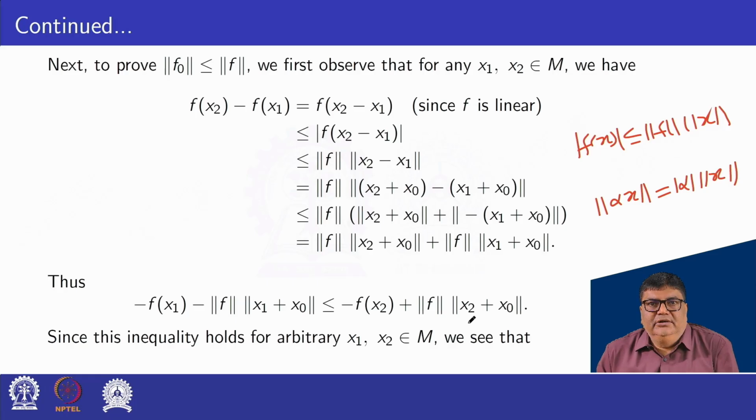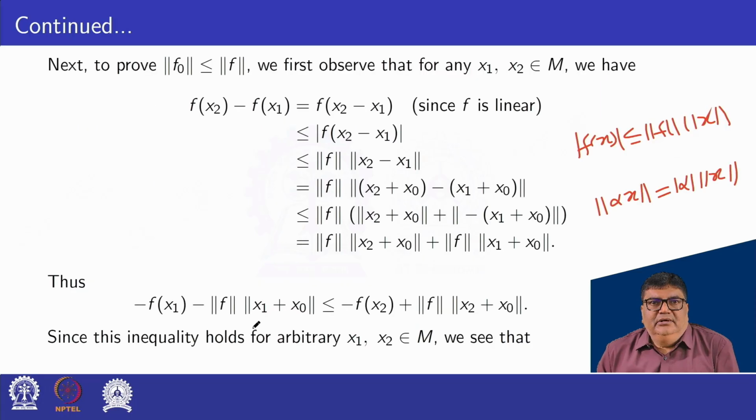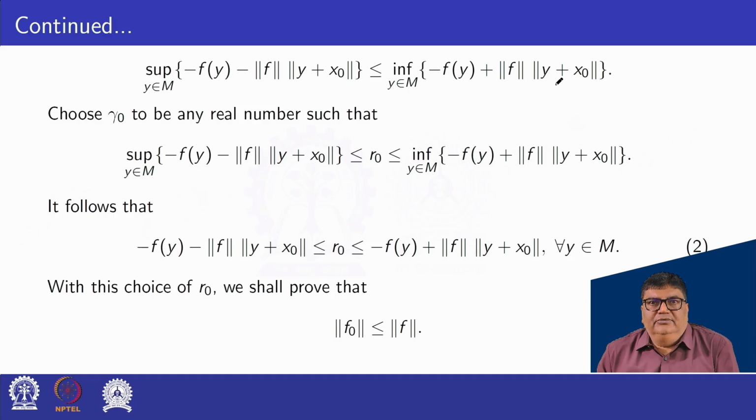Okay, so we can write, because here x1, x2 belonging to M, the left side is supremum over y belonging to M, and the right side infimum over y belonging to M, replacing x1 by y and x2 also by y.